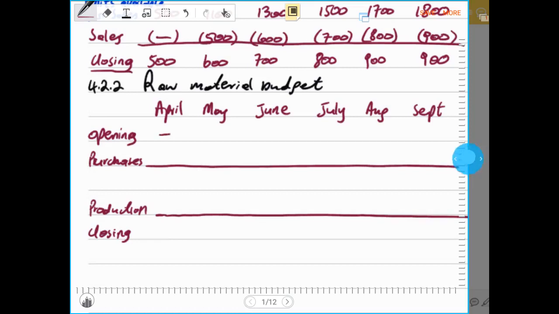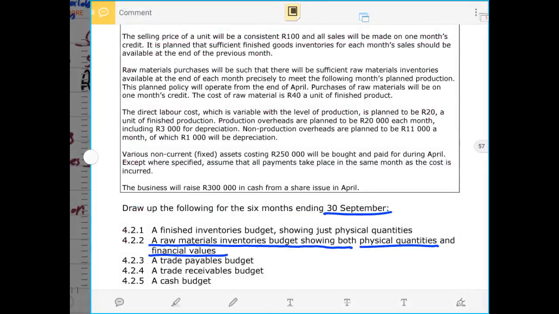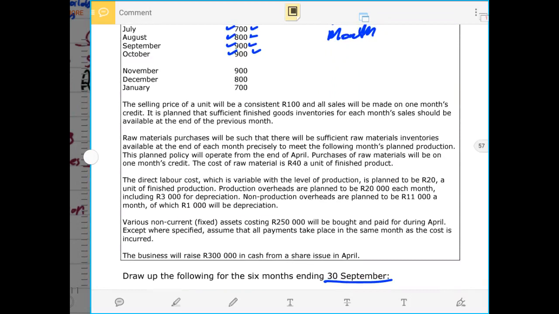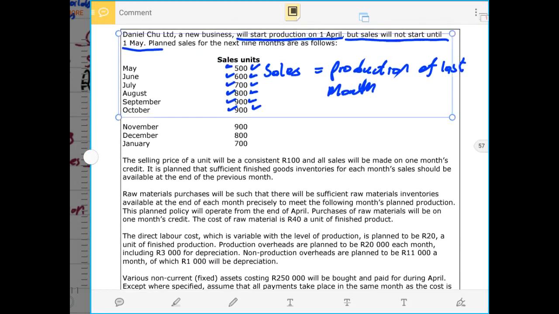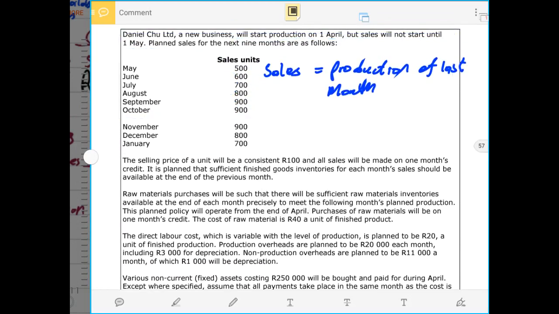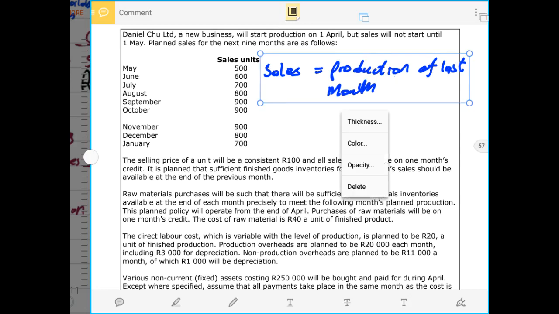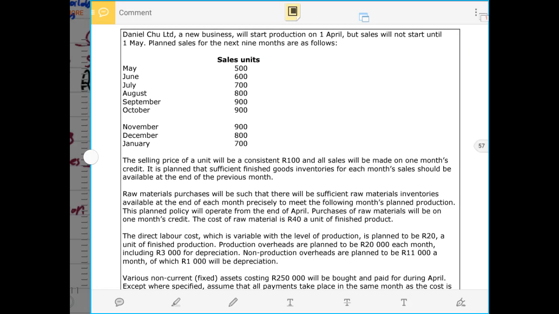Let us go and check how do we record when it comes to the raw material budget. In this budget, we have to take into account the fact that we are not given the number of kgs or the number of liters or the number of meters that are used to produce 1 unit. So in other words, it means 1 kg, 1 liter, or 1 meter is equal to 1 unit.